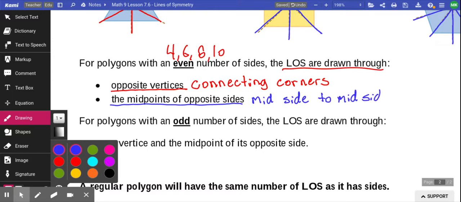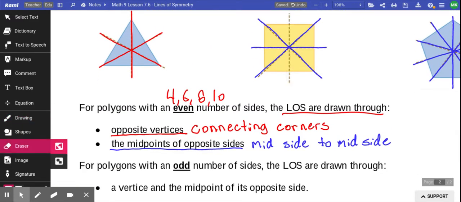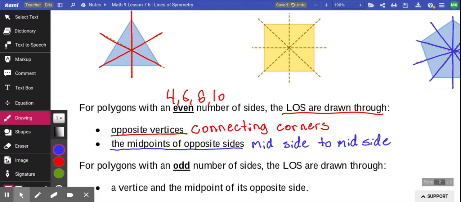So if we look back at our square, we'll see if this rule actually did work. The first rule was that if you have an even number of sides, you could connect the opposite corners or connect the vertices to create a line of symmetry. Well, this has 4 sides. If we connect the corners, that is one line of symmetry right there. I meant to do that in red.